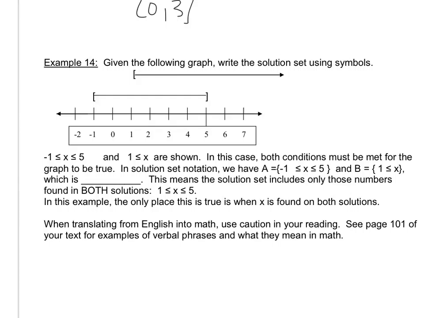Okay, so if both have to be met, then instead of union, we're actually trying to do this. A and B. So if you look, it's got to go here to here. So that's why it's this one.